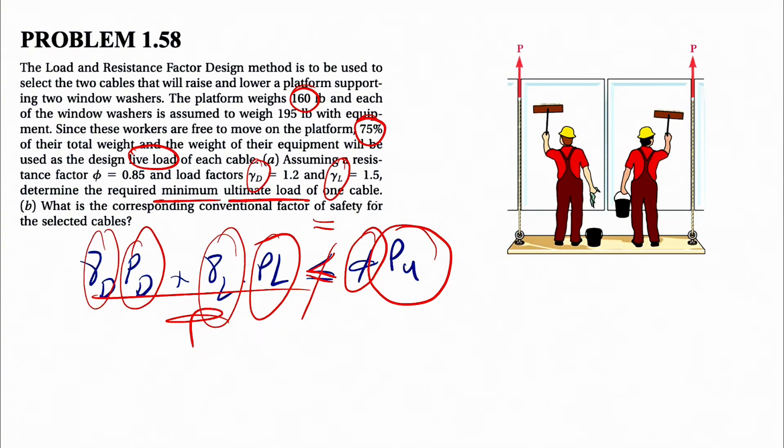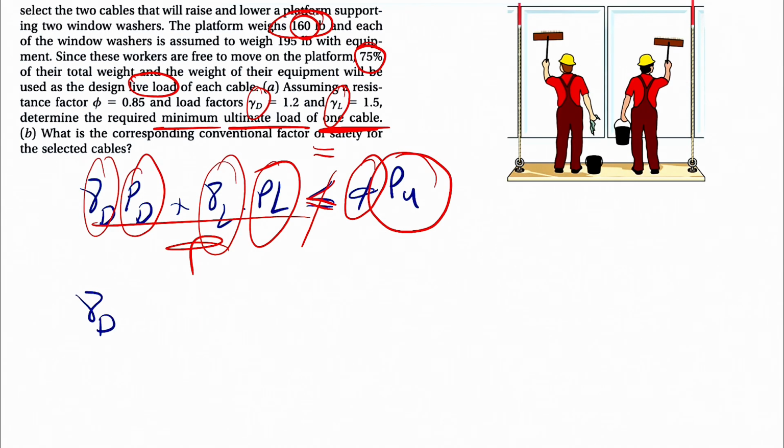And then the B part is asking for the corresponding conventional factor of safety for the selected cables. As I mentioned, it's asking for the ultimate load for one cable, and the weight of the platform, 160, is supported by two cables. So for each cable, we're going to have half of that. So let's start the question.